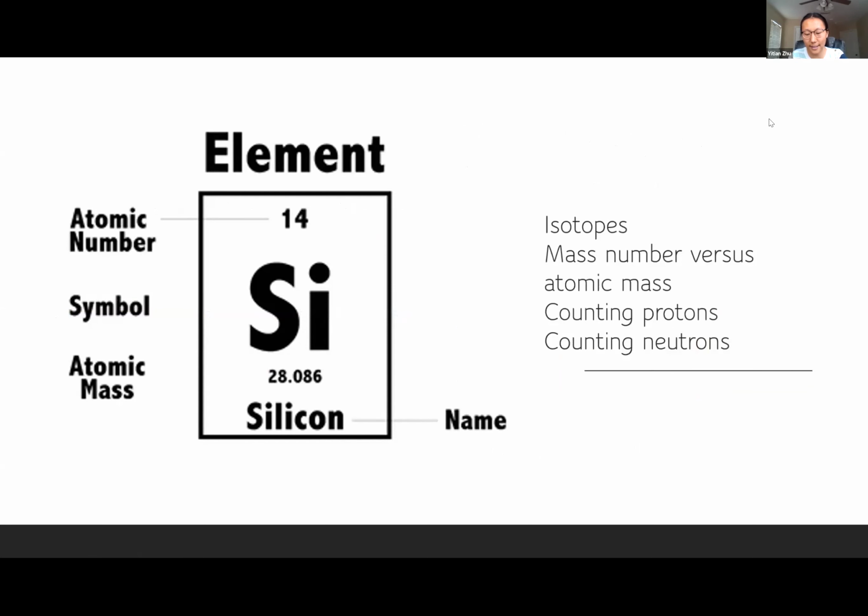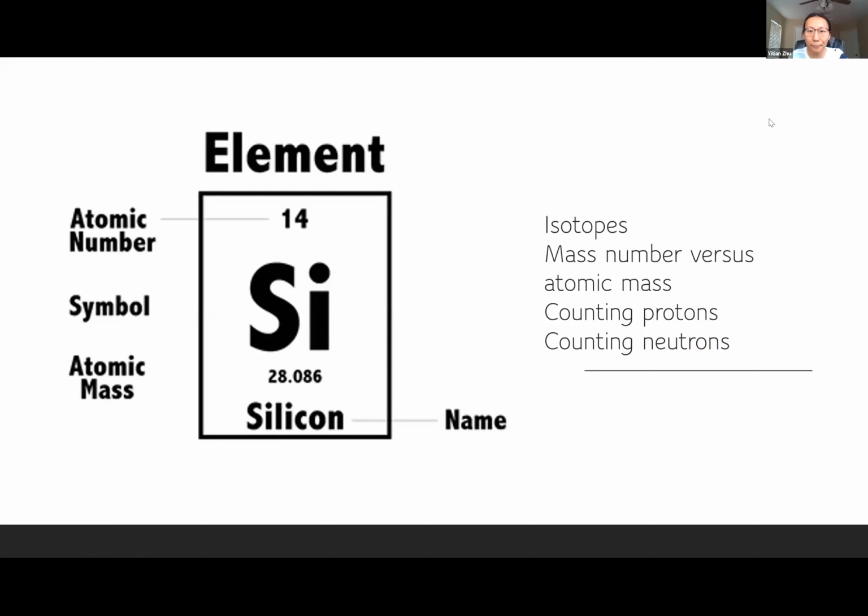Every element has a distinct number of protons. And if it has a different number of protons, then it is a different element. Now, there are these things called isotopes, which have the same number of protons, but a different number of neutrons in the nucleus. So it's still the same type of element, it's just a different form with a different number of neutrons in the nucleus.